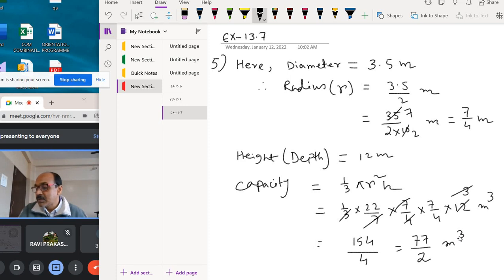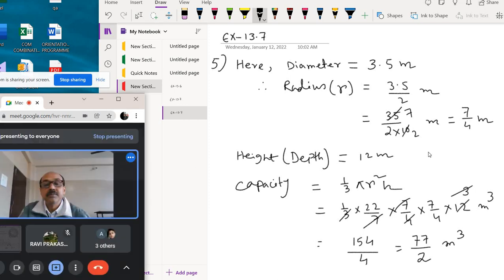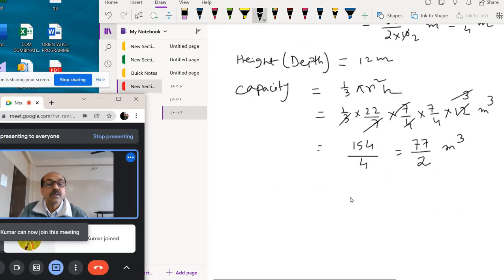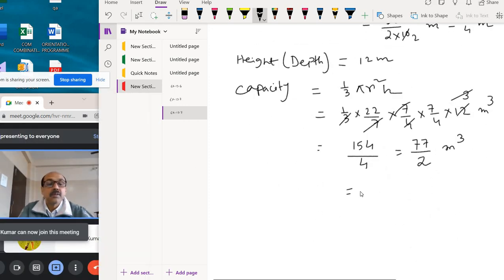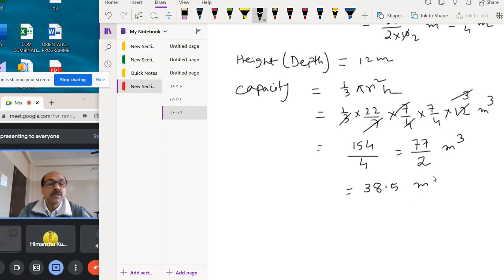Okay, the question is in kiloliters, so we know 77 by 2 means 38.5. 38.5 meter cube.